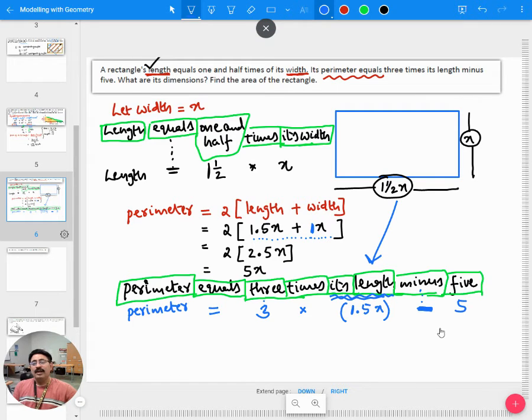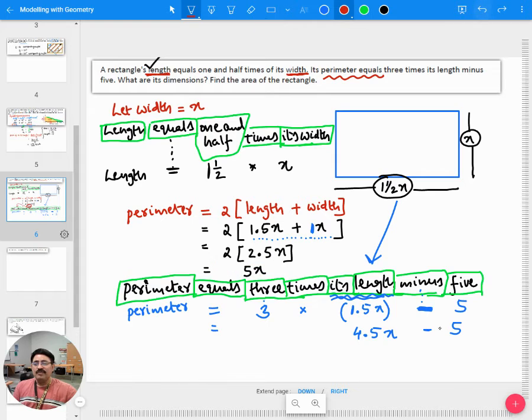So let me follow PEMDAS again. 3 times 1.5 gives us 4.5x minus 5. And the perimeter we just computed as 5x. I hope you remember that perimeter we got as 5x.